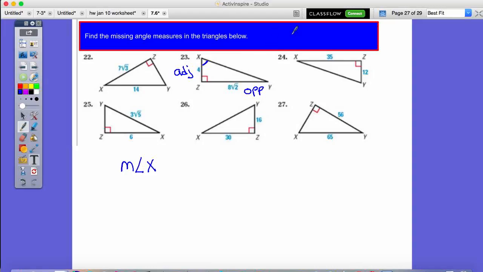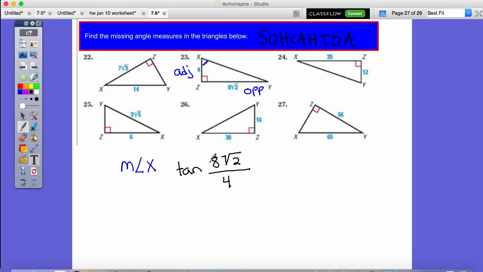Again, for SOHCAHTOA, let me rewrite it up here. SOHCAHTOA. If I have opposite and adjacent, I'm using the tangent ratio. The opposite goes on top, which is 8 square root of 2 divided by 4. Okay, and this is going to be tangent.